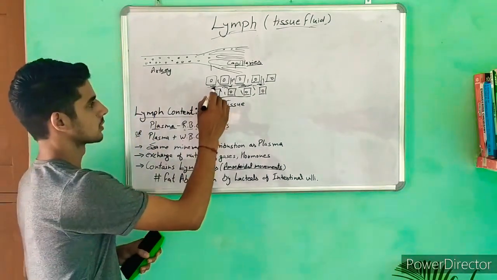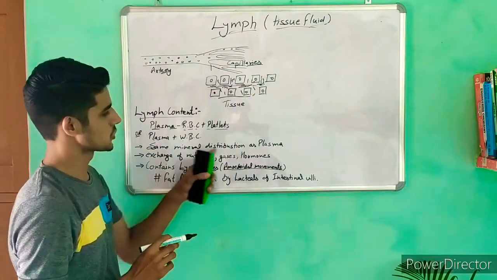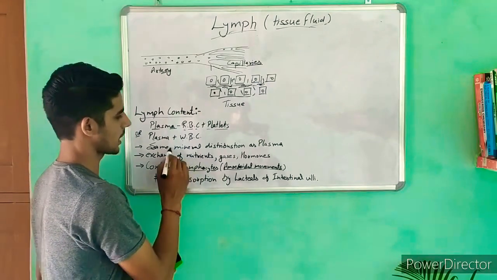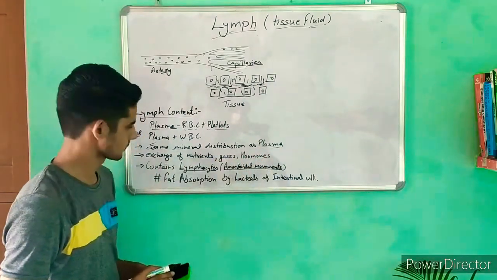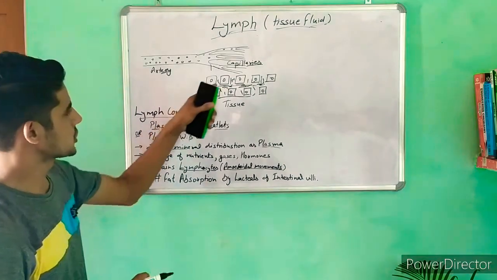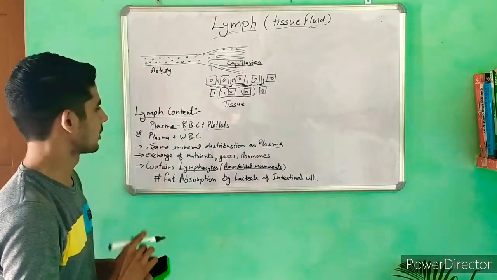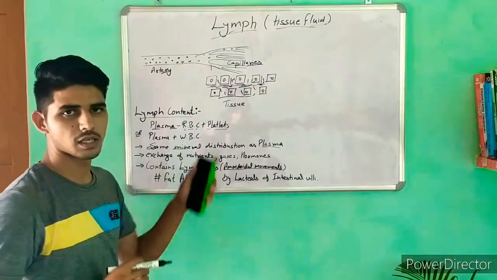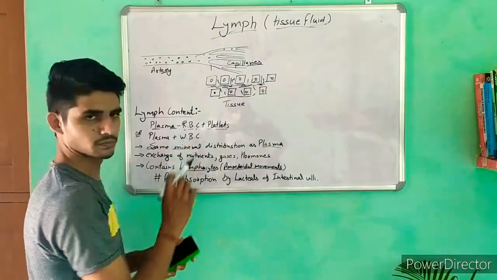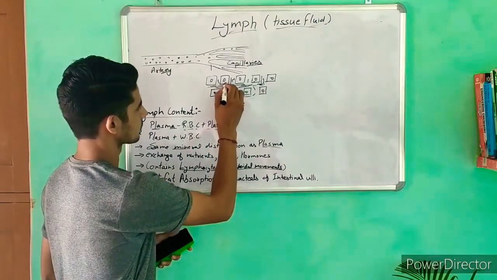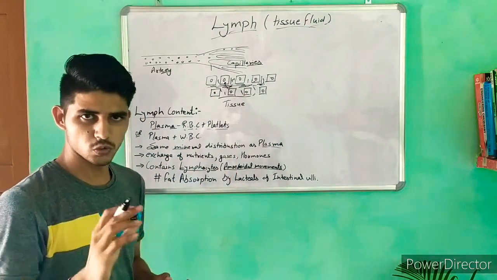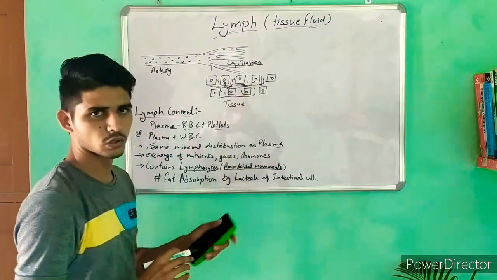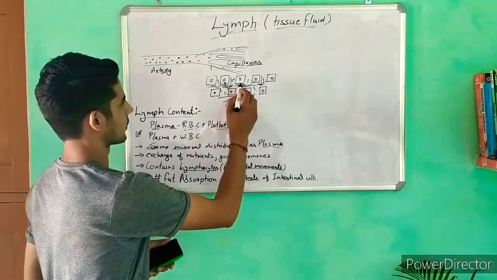And the mineral distribution of this tissue fluid is the same as in the plasma. This tissue fluid exchanges minerals, nutrients and gases like oxygen with the cells, and hormones are also transported through the tissue fluid to the cells.